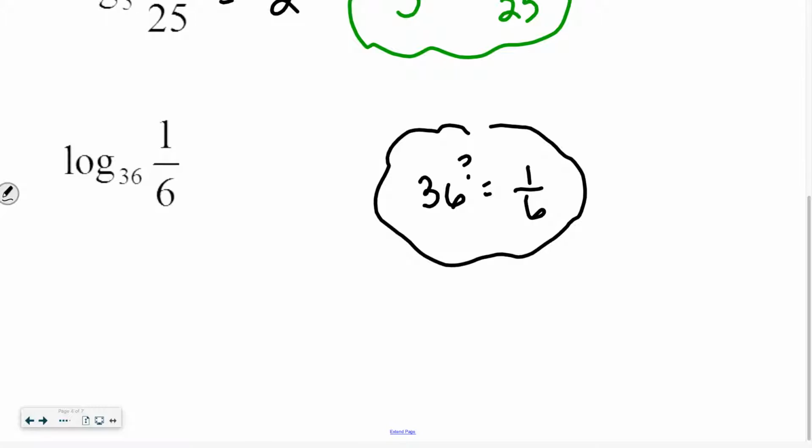There's a bunch of stuff happening, right? It's going from a whole number to a fraction, so there's a negative exponent. It's also, like Haley said, going from a big number to a small number, so there's a root. So we would say negative 1/2. If there's a different root, like a cube root, remember that would be like 1/3.